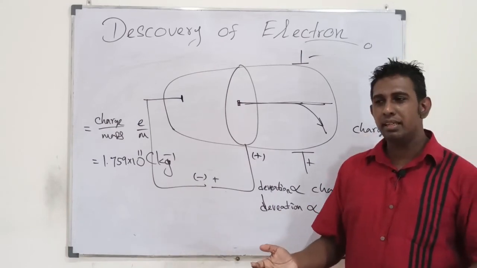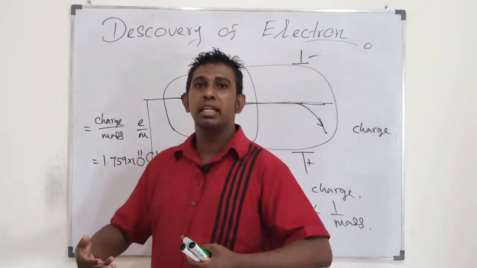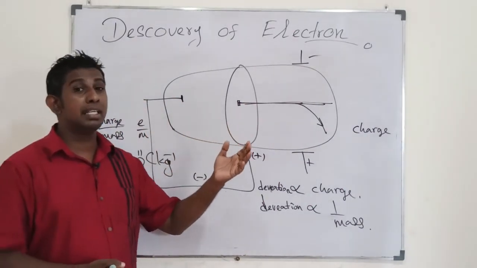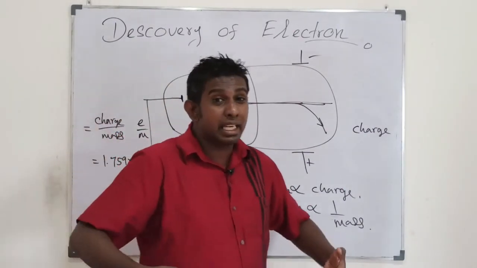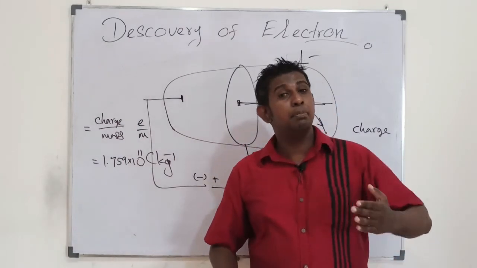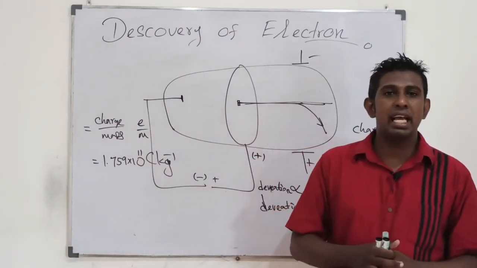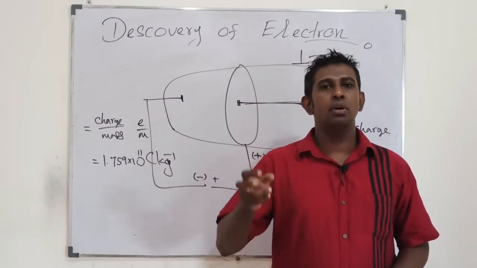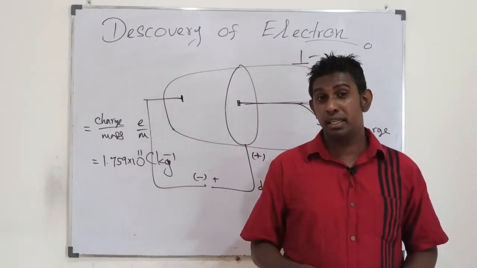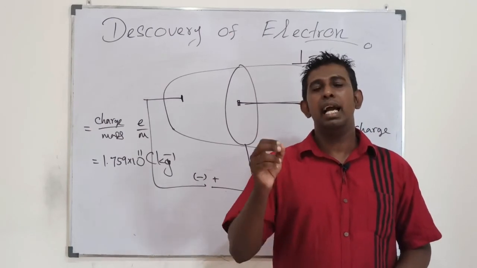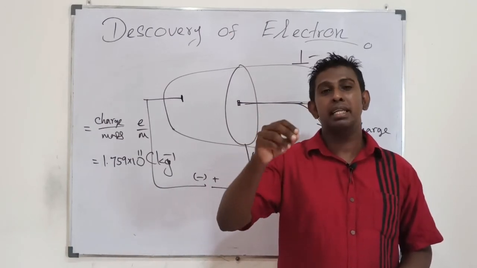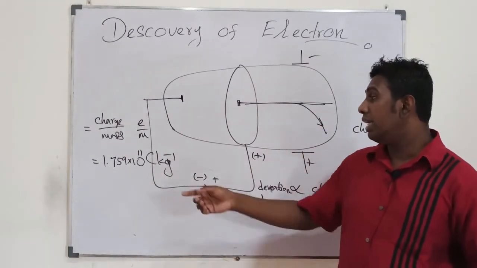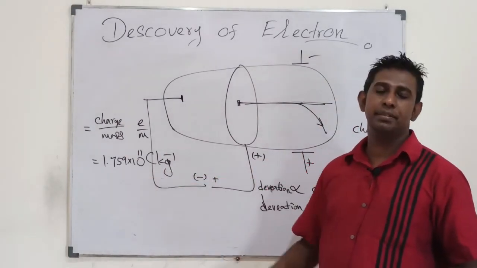Students, revealing the properties of those cathode rays: they travel in straight lines, consist of particles with mass and velocity, are negatively charged, are emitted perpendicular to the emitting surface, and could produce a heating effect. So J.J. Thomson revealed that there would be a particle within an atom which is negatively charged, having an e over m ratio like this.